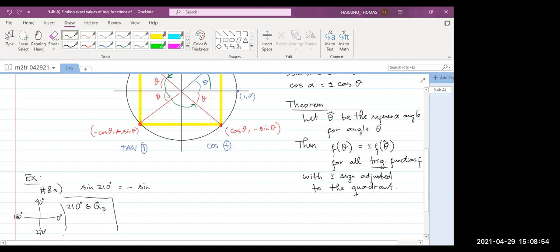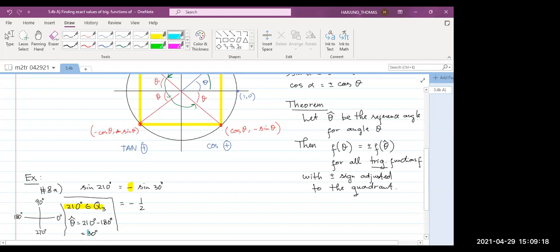Now, what is the reference angle? In quadrant 3, the transformation is the angle minus 180 degrees. That's negative sine 30 degrees, which is negative 1/2. The negative comes from the fact that 210 is in quadrant 3.